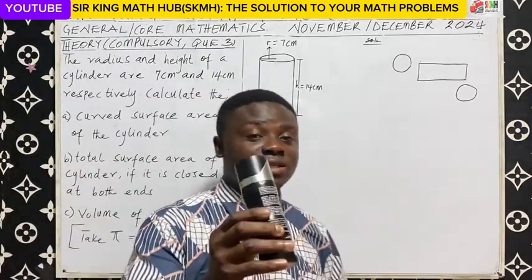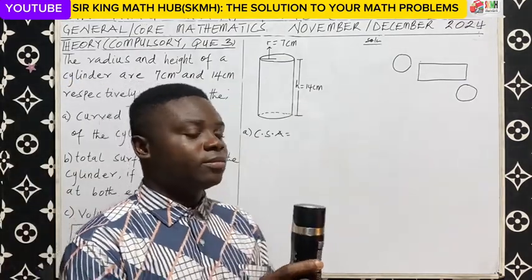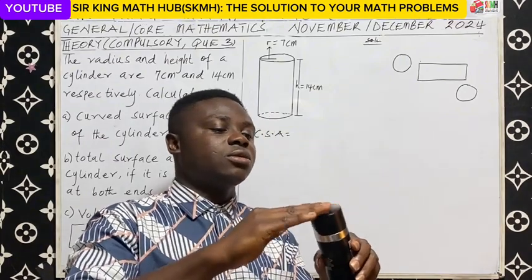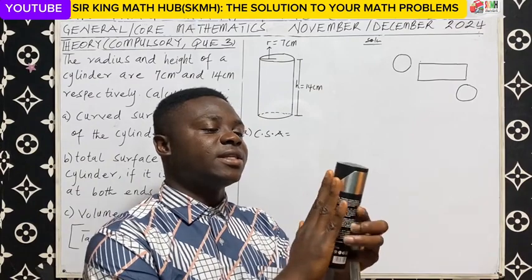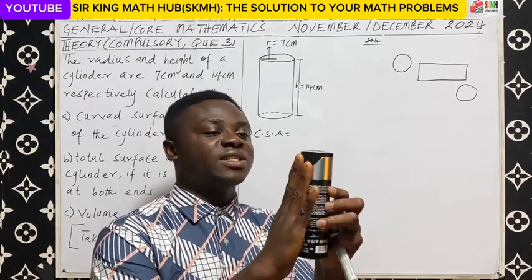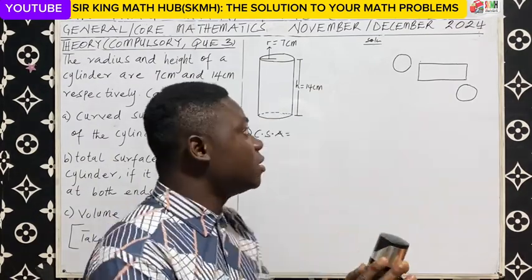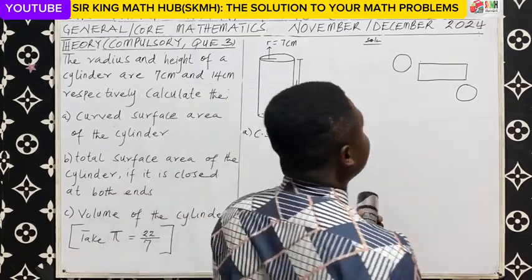So now there's a cylinder, as you can see, and there's the top area, there's the base area, and this area here is the curved surface area of this particular cylinder. And there's the net of the cylinder.